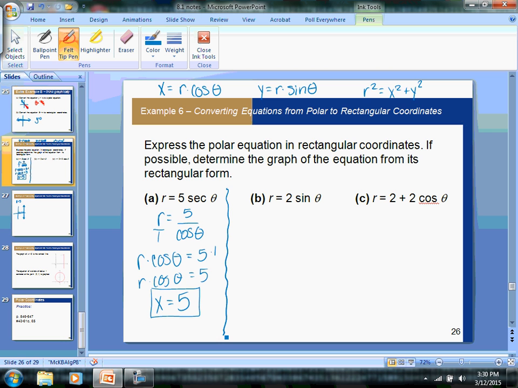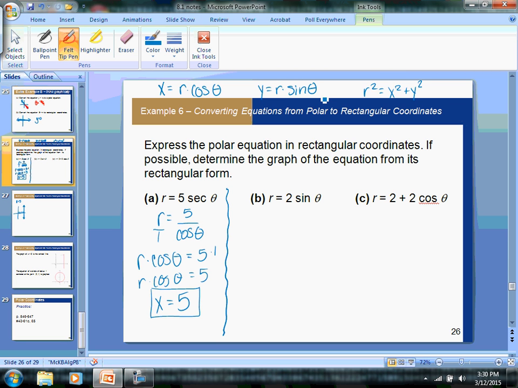Alright, so I have 2 sine theta, and I have an r. There's really no way that I could multiply the r and the sine theta so that I would get r sine theta to be able to substitute in a y.